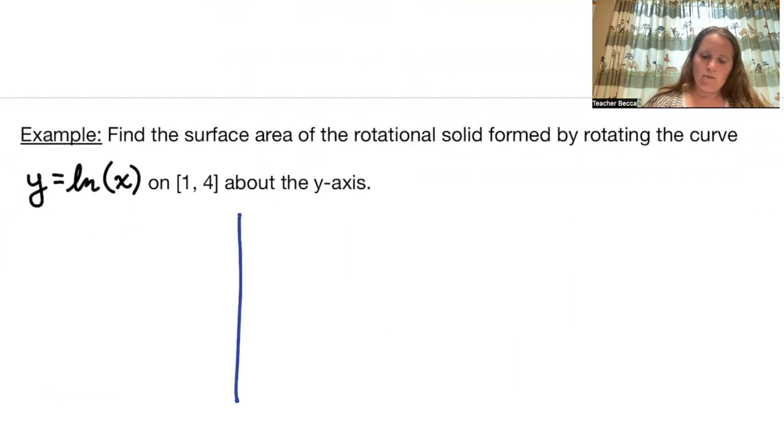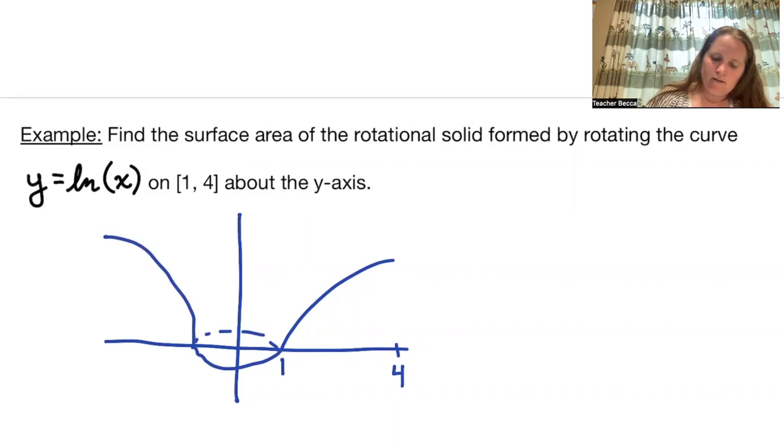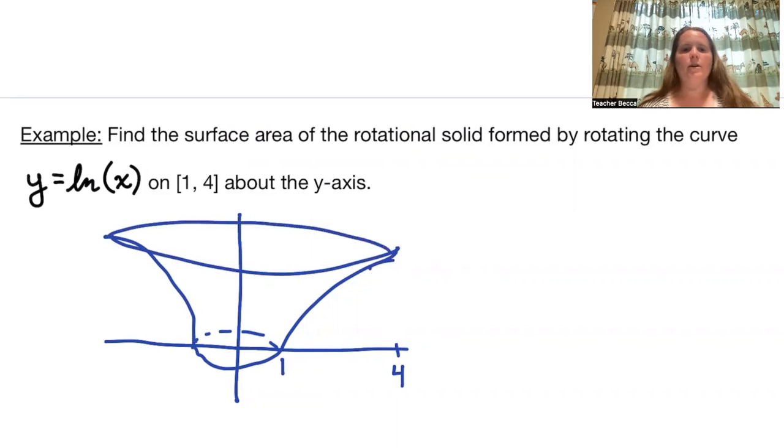So just drawing our little picture here. Natural log x on [1, 4]. Then we're rotating about the y-axis. We are again taking our bands.